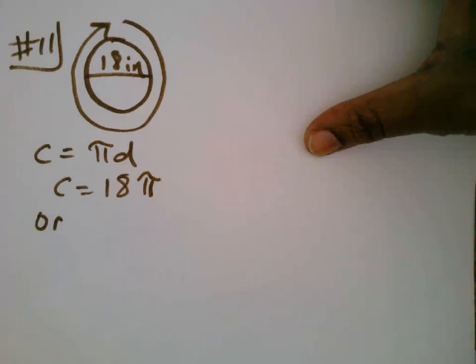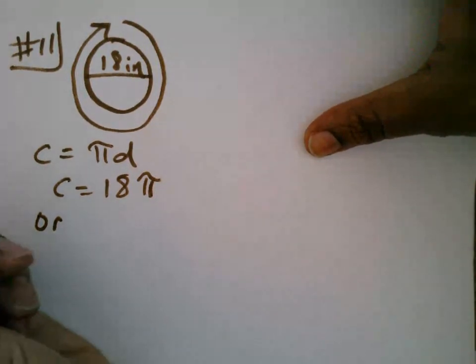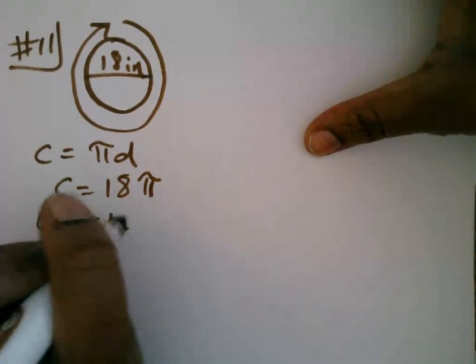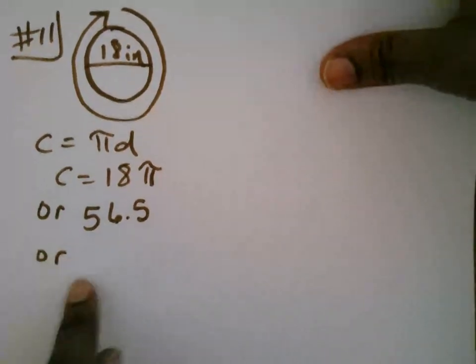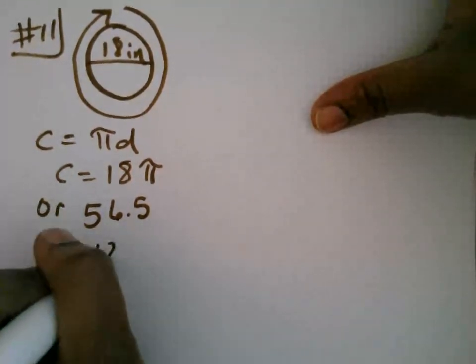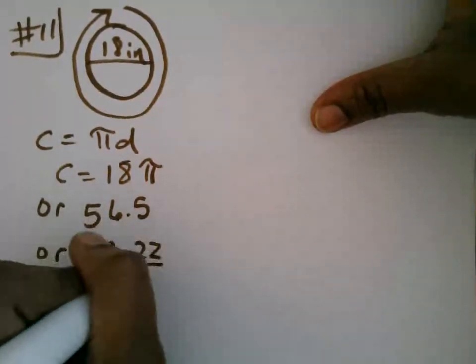3.14. It's 56.5. Or we need to write it using 22 over 7 for pi. We're going to do 18 times 22 over 7.